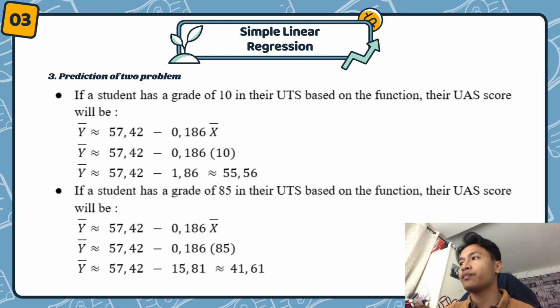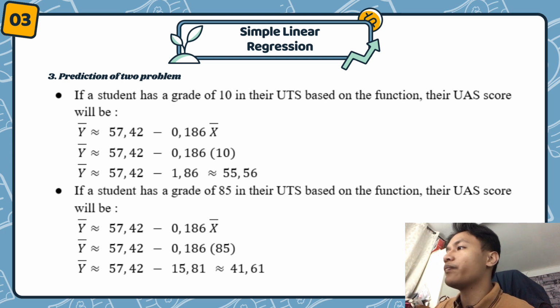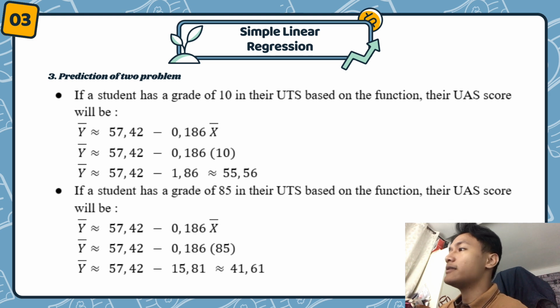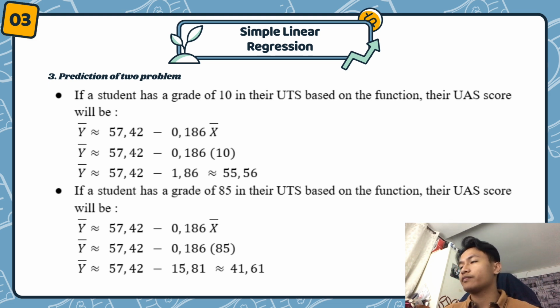If a student's grade in the UTS or midterm is 10, the grade is predicted as follows. From the previous equation, y = 57.42 - 0.186x, with x = 10, we get y = 57.42 - 1.86, so y = 55.56.